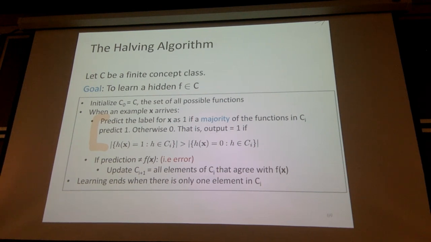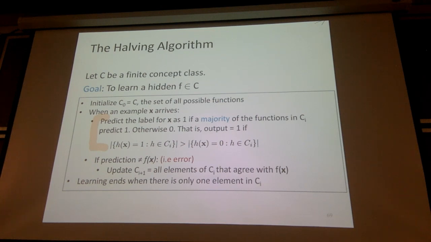It's wrong. So you do throw away at least half the functions. On the other hand, if your majority is right, you throw away less than half the functions. I don't know if I answered the question you had.